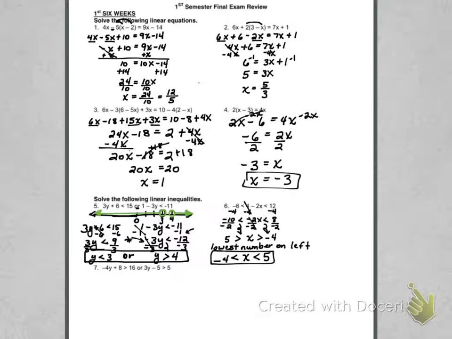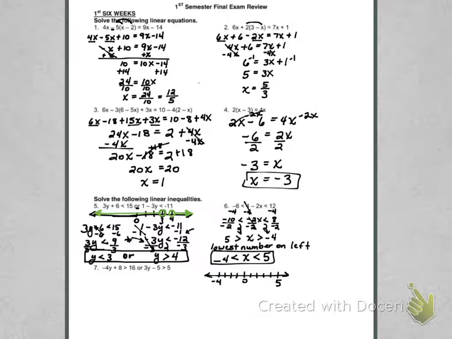And what that means in terms of the number line is if I have 0 here, 1, 2, 3, 4, negative 4 here, 1, 2, 3, 4, 5. It says that negative 4 is less than x, or you could read it, x is greater than negative 4.